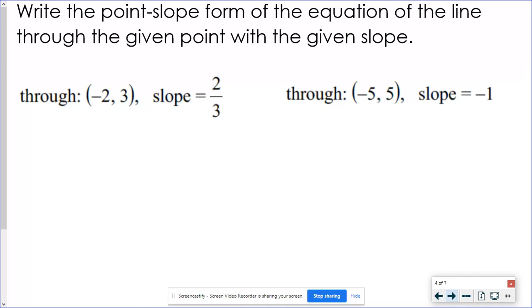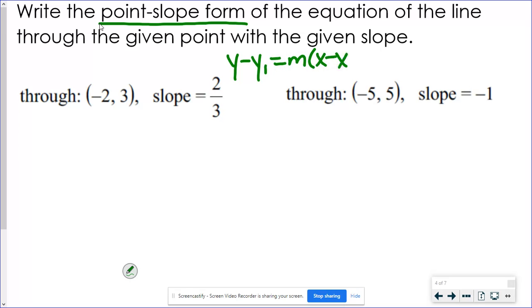Now I want point slope form. Okay? And I'm giving you a point and a slope. Like, there's no trick here. This is point slope form again. Y minus y sub 1 equals m times x minus x sub 1. So I would have y minus my y number. Remember, here's my x, here's my y.